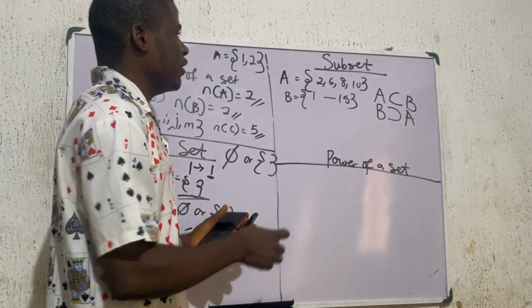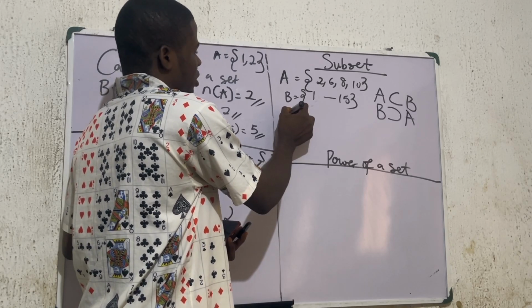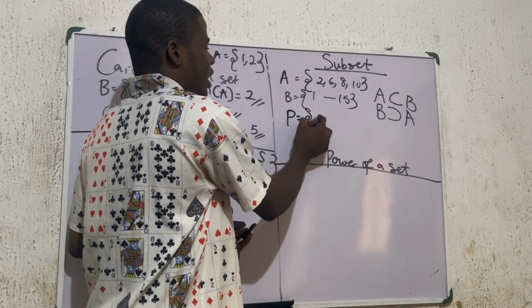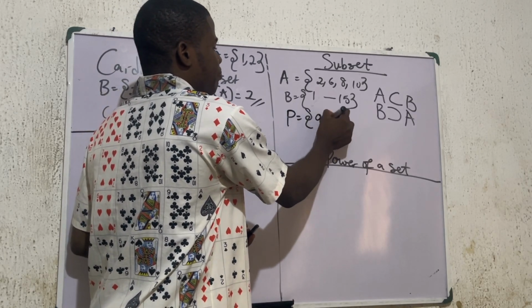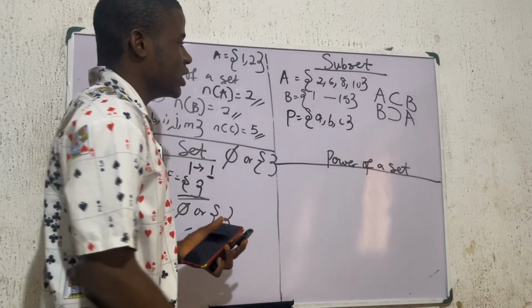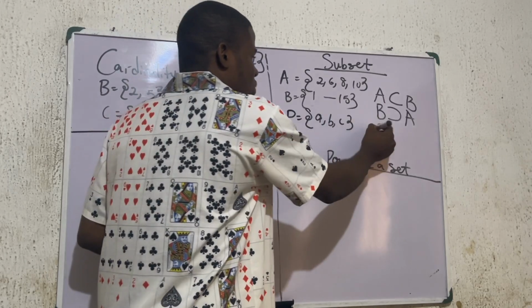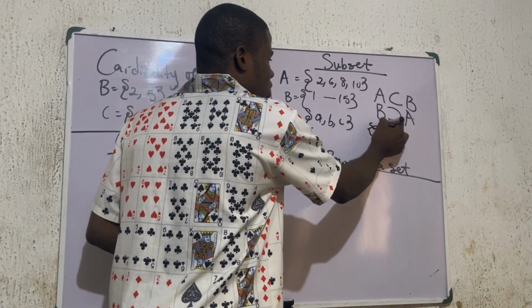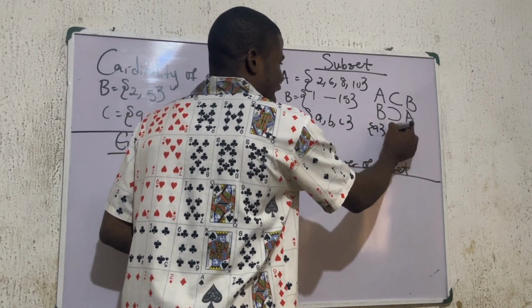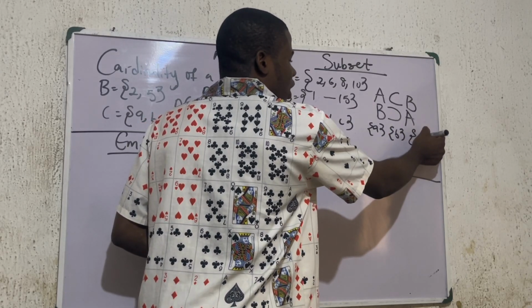So if I have set P having the elements A, B, and C, and they ask me what are the possible subsets of this set, what are the sets that I can bring out? I can have a set having only the element A. I can have a set having only the element B. I can have the set having only the element C.